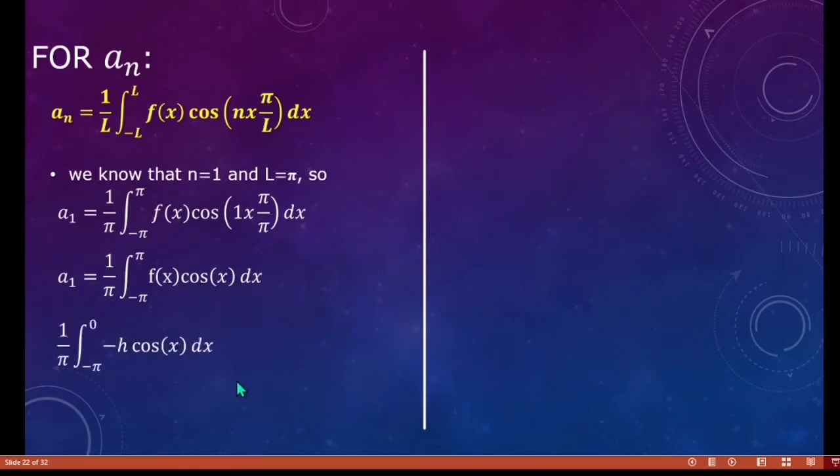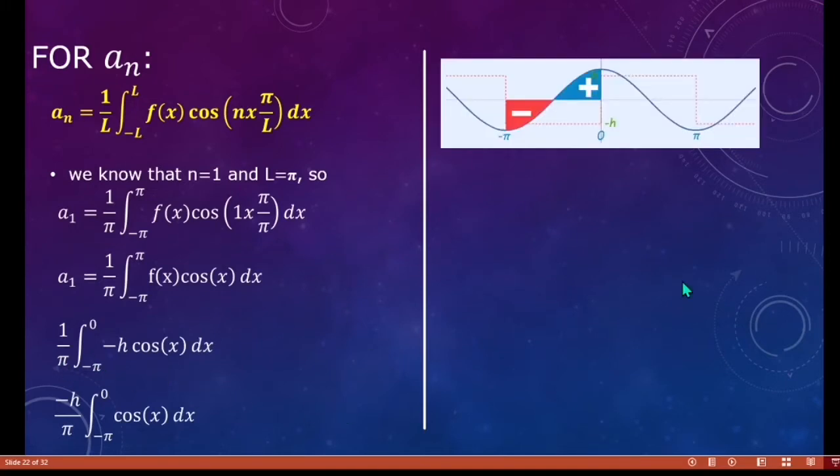And now, because we have a square wave that changes abruptly at x equal to 0, we need to break the calculation into negative pi to 0. So from negative pi to 0, we know f of x is simply equal to negative h. So yan, negative h. Labas natin si negative h, so this becomes like that.